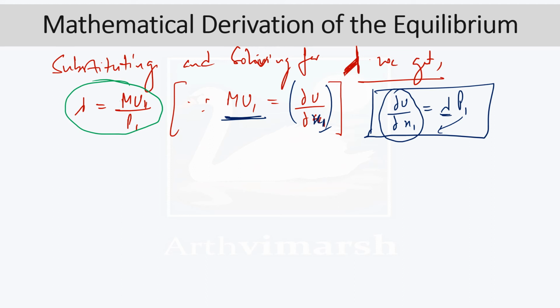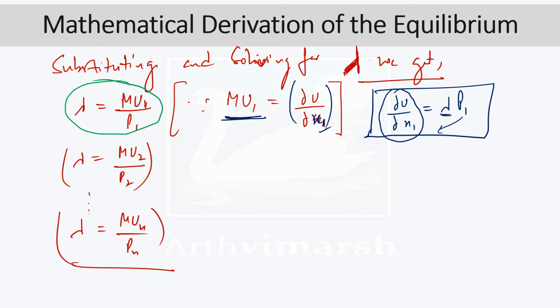So this is what we get for the first commodity, and likewise we get lambda equals marginal utility of 2 upon p2, so on up to n, upon pn. This is the expression we obtained in terms of lambda.